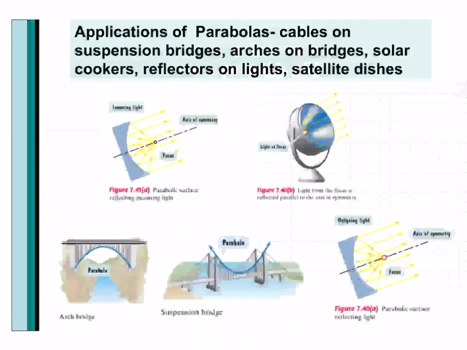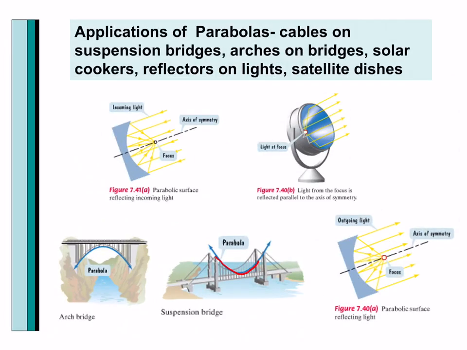All right, our applications. Applications of parabolas are all kinds of things. A suspension bridge is this, and the cables are suspended from posts or towers. A bridge arch would be like upside down, like that one.